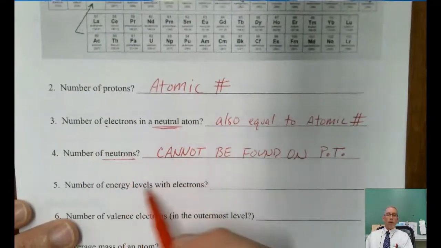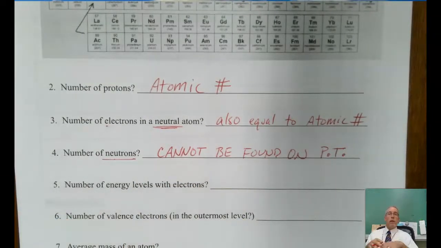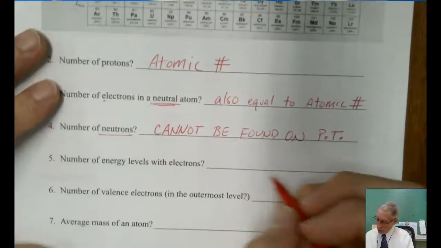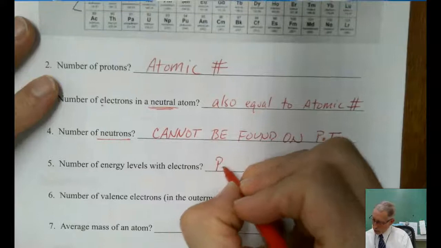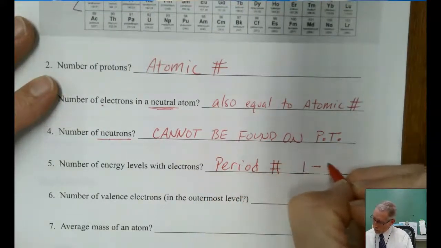Okay, the number of energy levels that have electrons. The electrons exist in these, we draw them like orbits. We call them energy levels. You'll also hear them called shells sometimes. So those electrons are in the shells. Well, how many energy levels do the electrons take up? That's equal to the period number, 1 through 7.